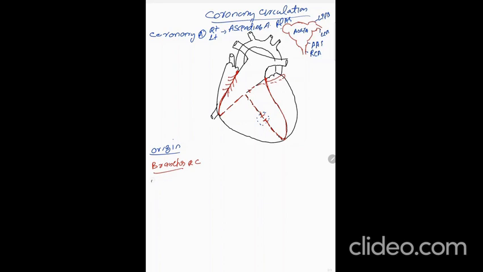The first branch is the atrial branches, then we have the ventricular branches. One of the atrial branches is longer and it supplies the SA node. We know here we have an SA node, so it supplies the SA node. So, SA nodal branch.